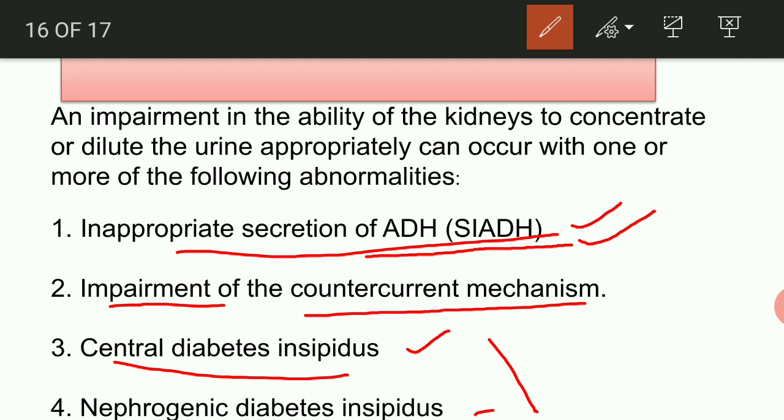Water is going into the urine, so in the body water will become less, and because of that blood will become concentrated. So again the same analogy: if blood is concentrated, urine should be concentrated. If blood is dilute, urine should be dilute. But in diabetes insipidus, what is happening? Your urine is very dilute, but blood is concentrated.